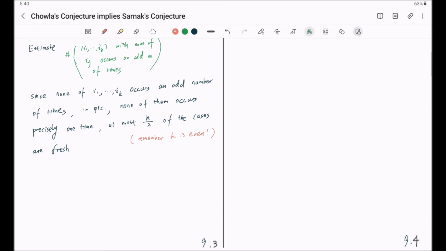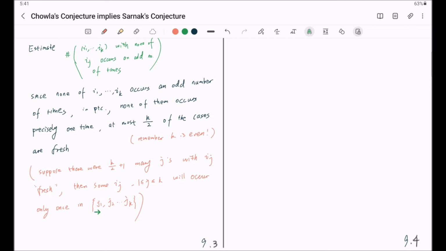If you like, you can prove this more rigorously. Suppose there were k divided by 2 plus 1 many j's with Ij fresh, then some Ij with j between 1 and k will occur only once in the set I1, I2 through Ik, which will lead to a contradiction to the assumption that none of them occur precisely once.